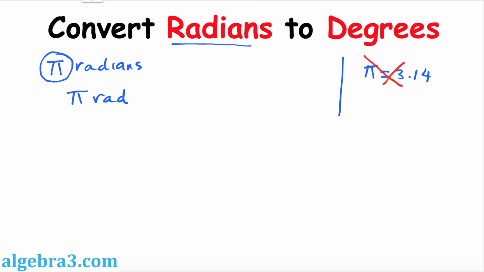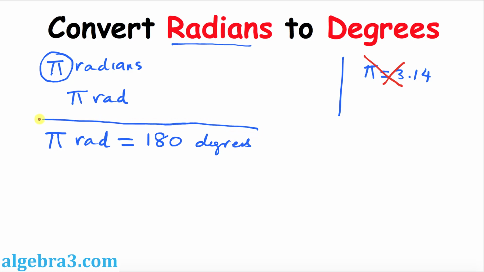Always remember from this point on, pi radians, RAD stands for radians, is always equal to 180 degrees. You must remember that before we go any further.